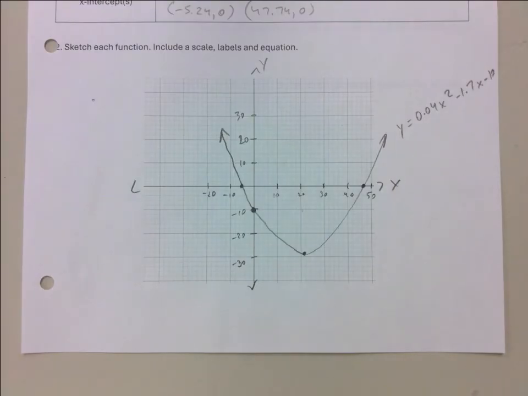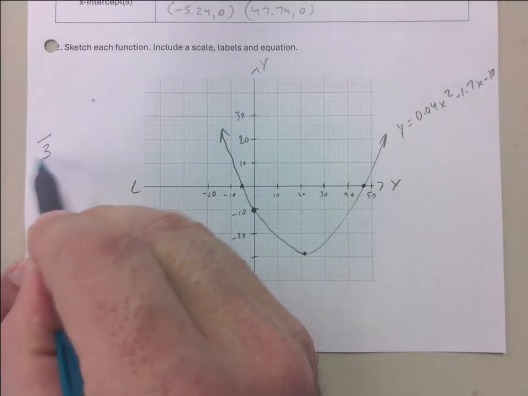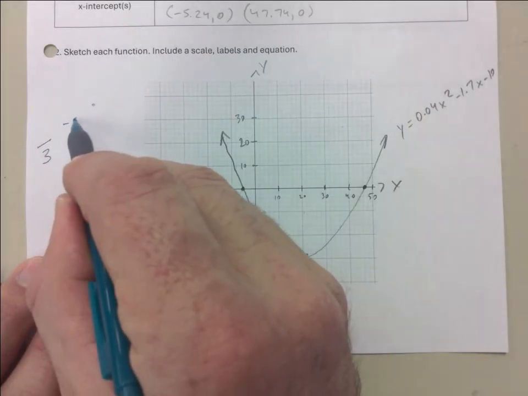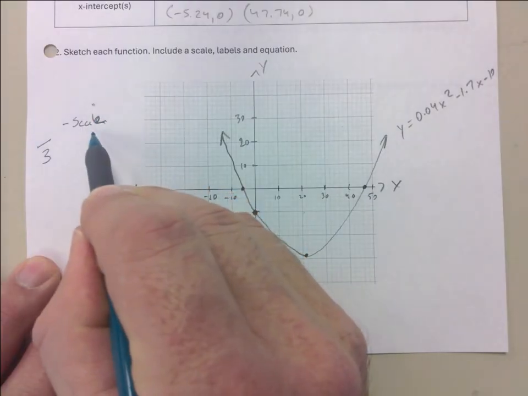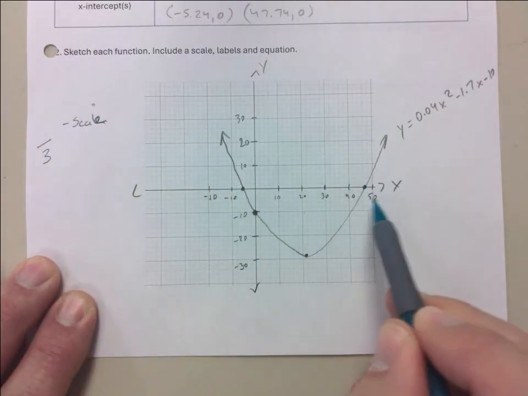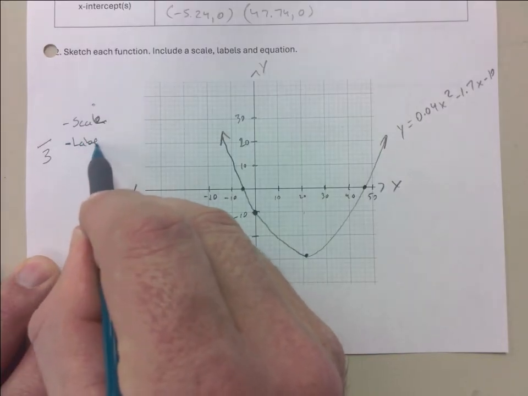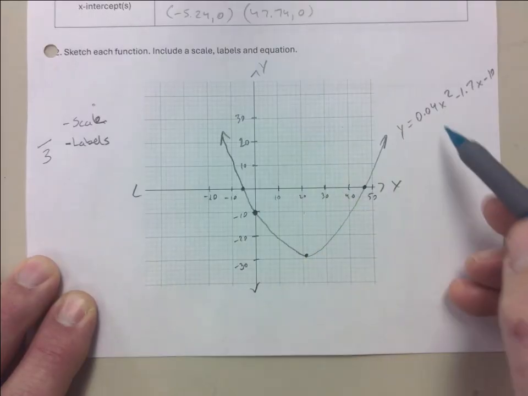So you get 3 marks for, let's talk marks here. You're going to get 3 marks for the graph. One of them is going to be your scale. You need an appropriate scale, so you need to go up by the same amount on the x and the y. One is going to be for labels, so that includes labeling x, y, the equation.